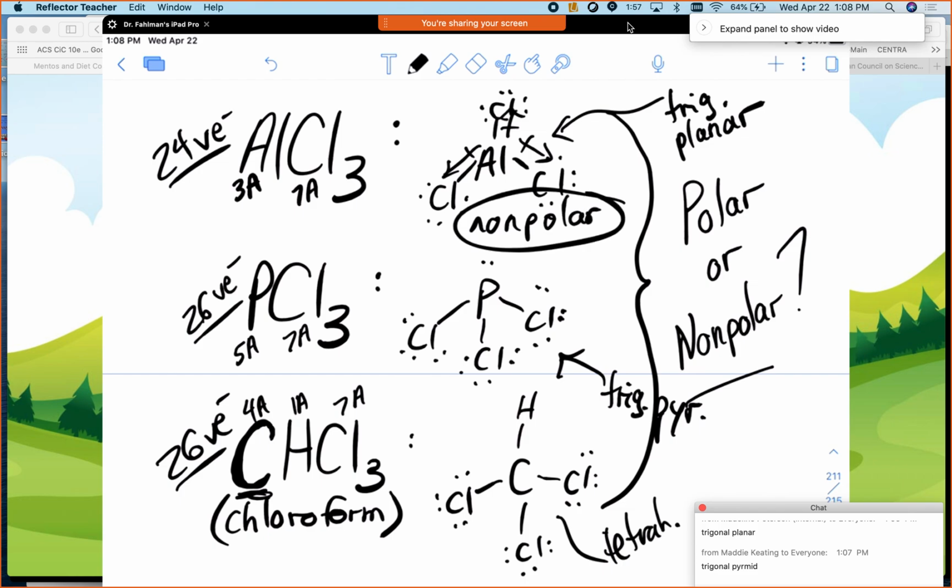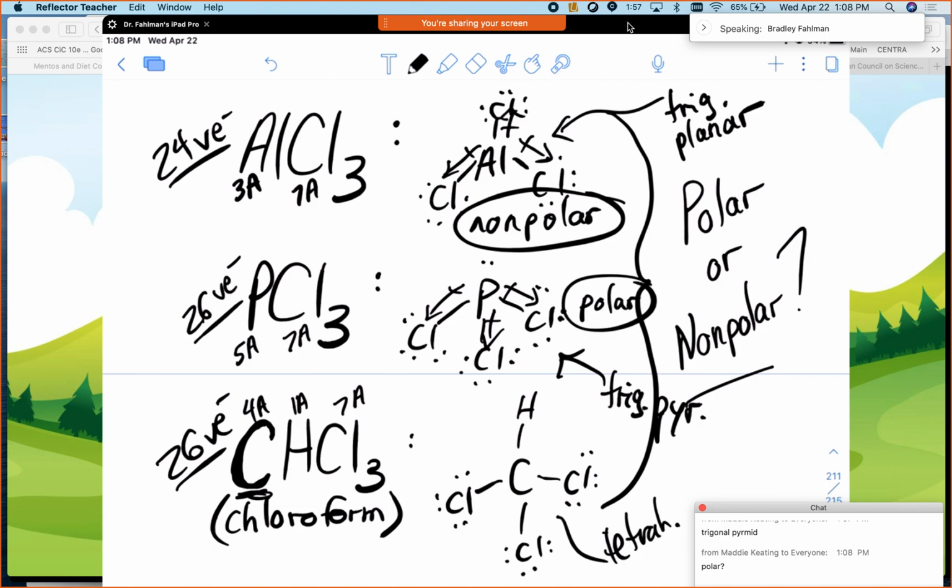Okay. And then what about the second one? Now you've got the dipoles looking like this. Yep, so now they do not cancel in this case, right? So that is polar.